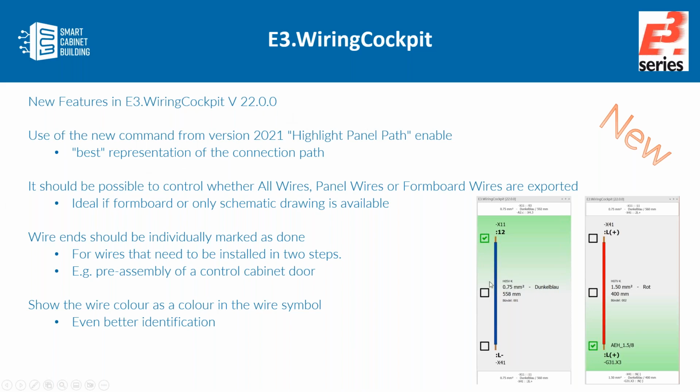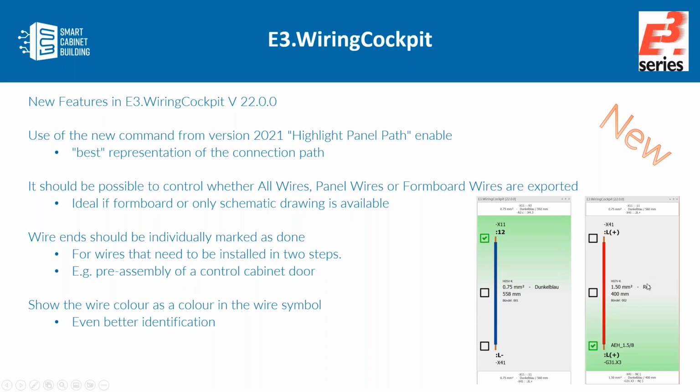And as mentioned in the export to Comacs, the old feature was that we have some, sorry for the German language, for the German screenshot, but this is the name of the color, dark blue or red.